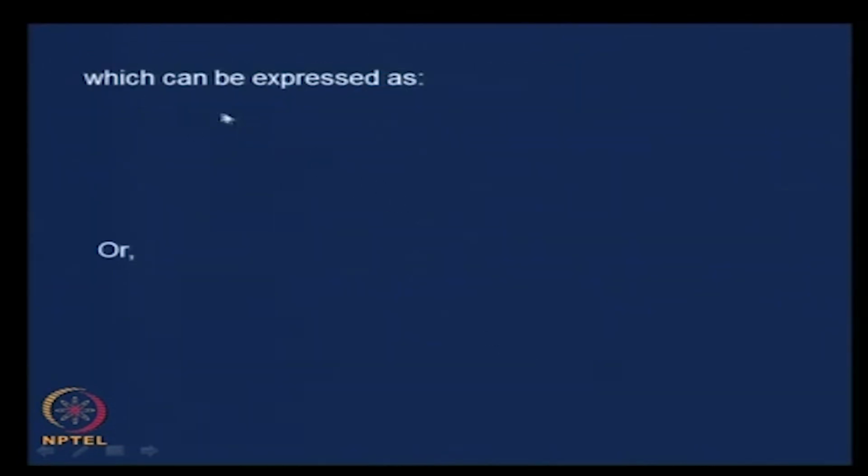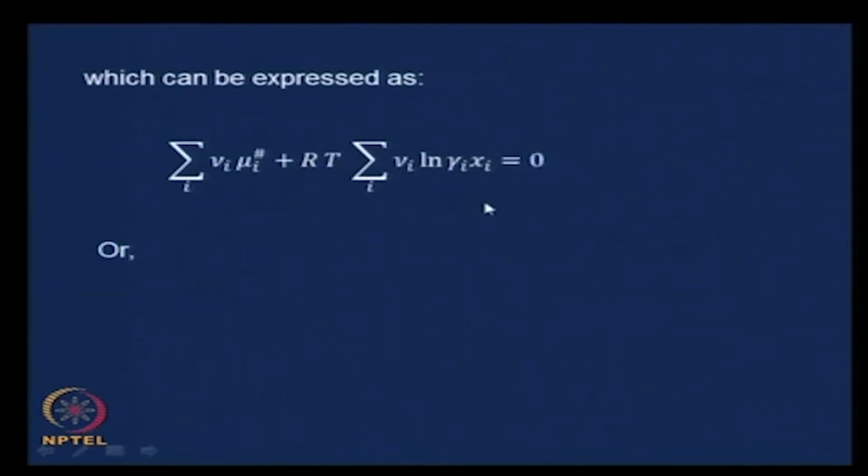which can be expressed as, I am just going to expand the terms here, sum over all i of nu i mu i hash plus RT sum over nu i ln gamma i xi. RT is a constant and therefore I have taken it out here, this equals 0.